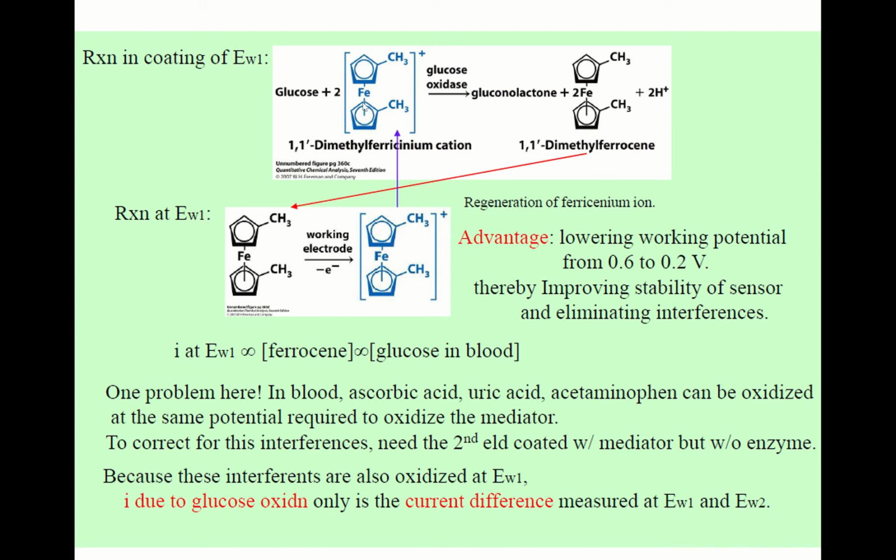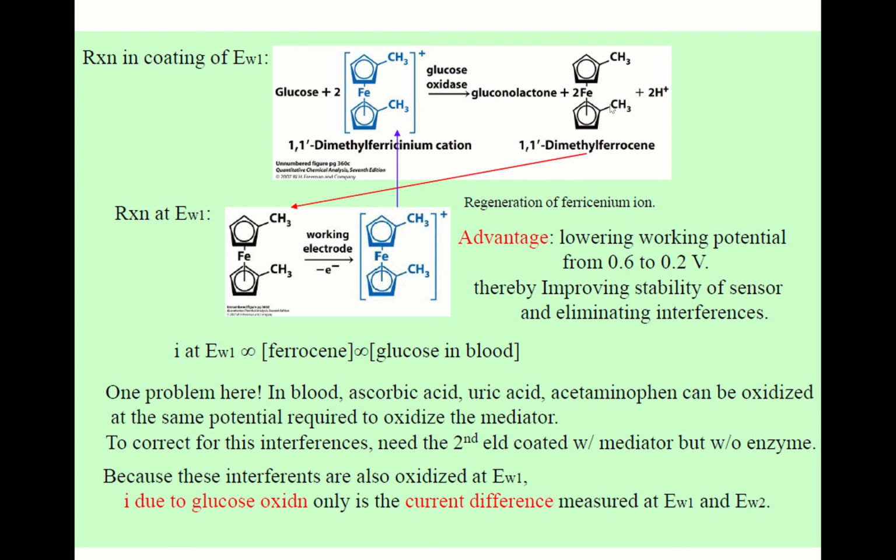In this ferrocenium ion, the iron oxidation state is +3. By receiving two electrons, because one glucose molecule corresponds to two ferrocenium ions, the ferric ion is reduced to ferrous ion.